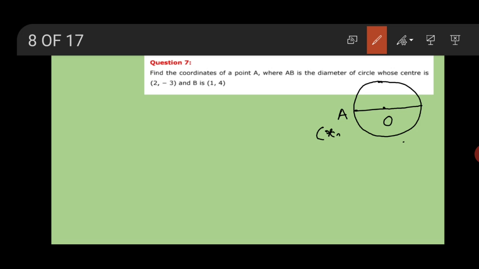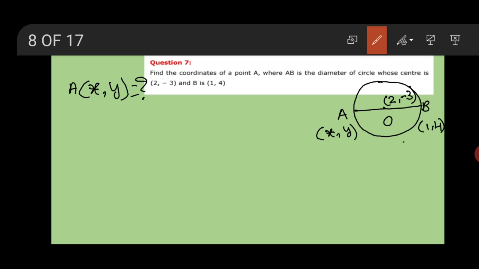Take this as (x, y) and coordinates of O, it is given coordinates of the center (2, minus 3) and coordinates of B is (1, 4). Now can you find the coordinates of A? Yes, we have to find coordinates of A.